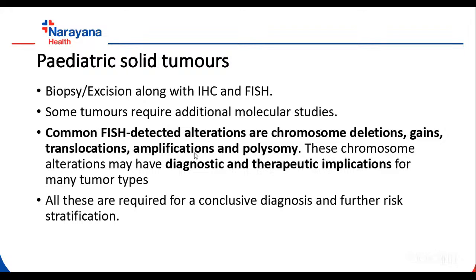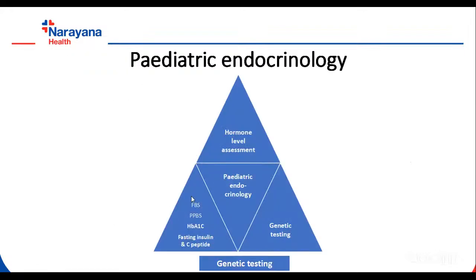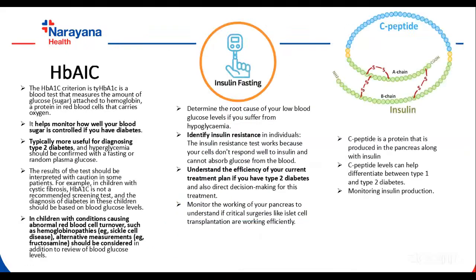In pediatric endocrinology, there is one panel which is done for diabetes, like fasting, PPBS, and HbA1c, fasting insulin, C-peptide, hormone level assessment, and genetic testing. HbA1c is a blood test that measures the amount of blood glucose attached to the hemoglobin.